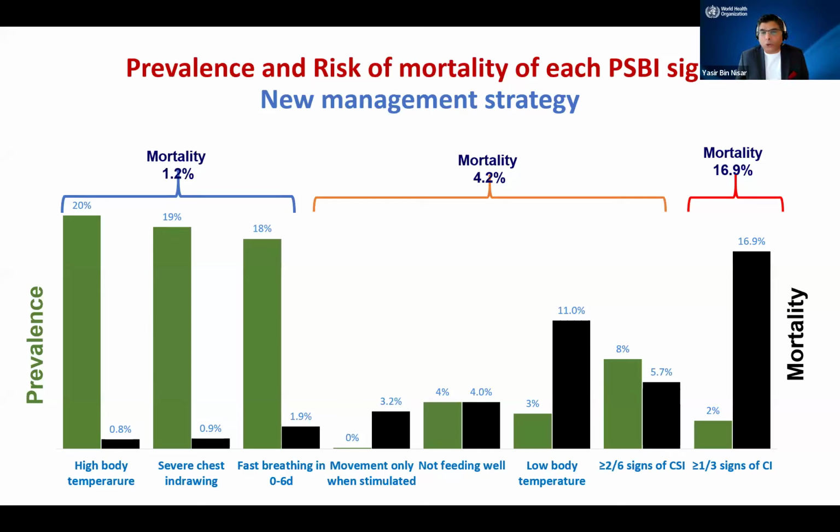However, if we look closely, these 7 signs have different prevalence as well as mortality rates. So we did a secondary analysis of previously collected clinical trial data and found that the most prevalent signs, such as high body temperature, fever, severe chest indrawing, and fast breathing in 0 to 6 day olds, have quite a high prevalence overall, more than 50% among all the PSBI cases, but the mortality is quite low.